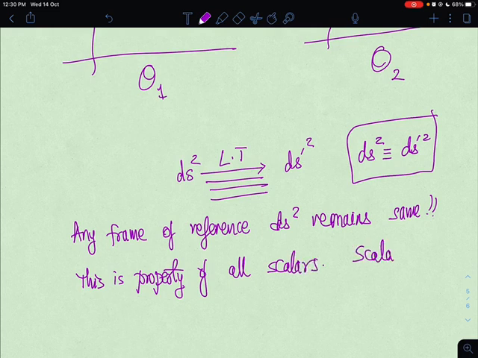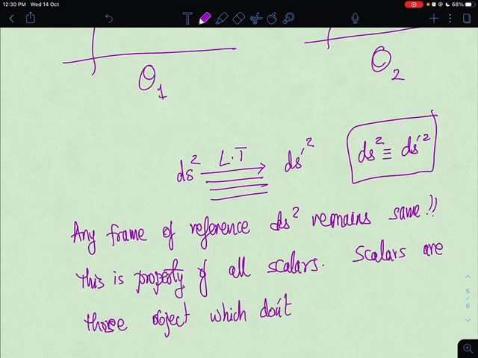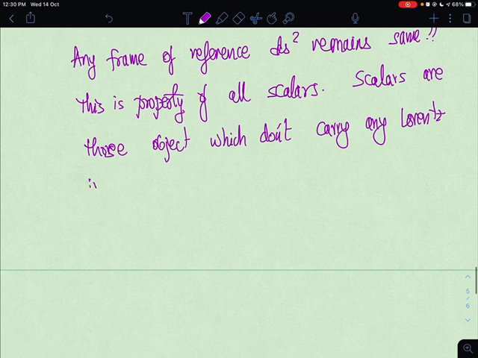Scalars are those objects which don't carry any Lorentz index. So all scalars will remain invariant under Lorentz transformations.